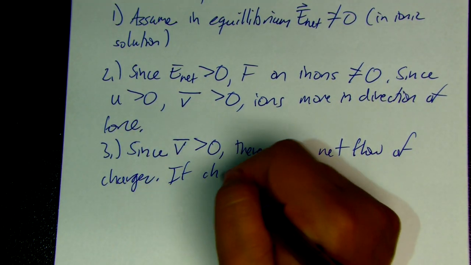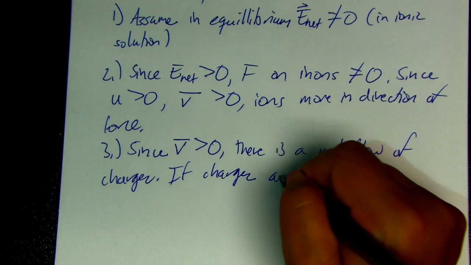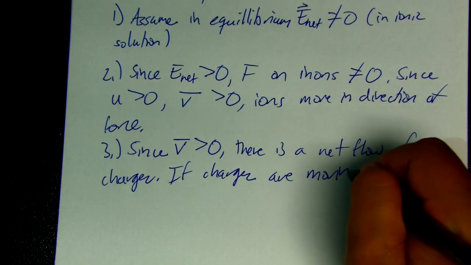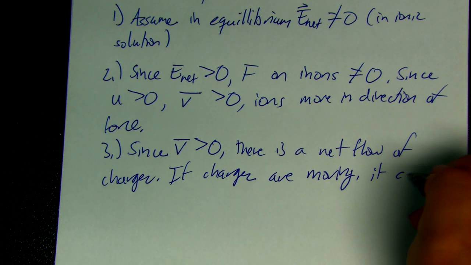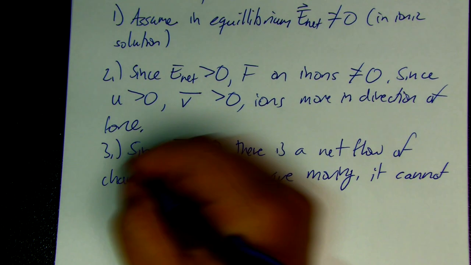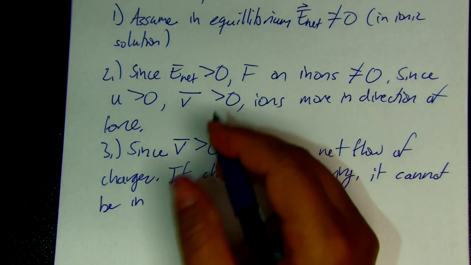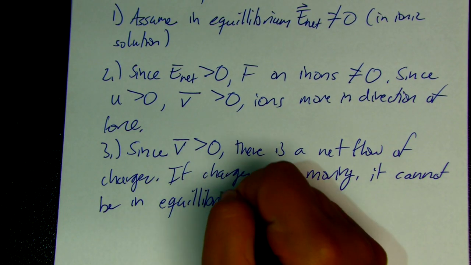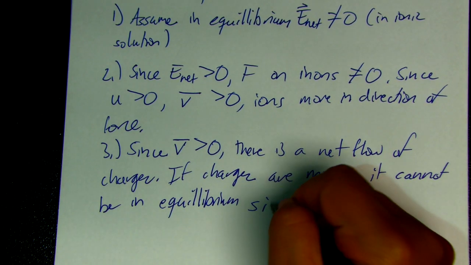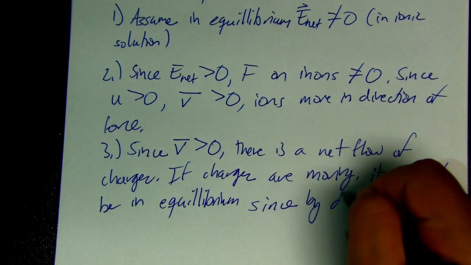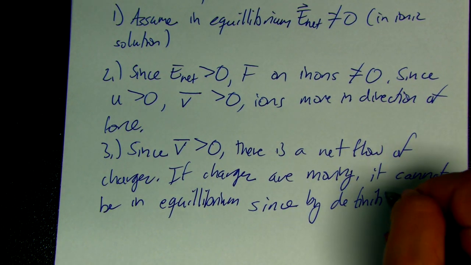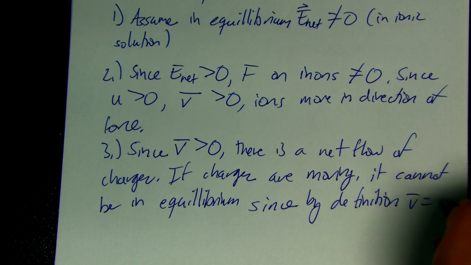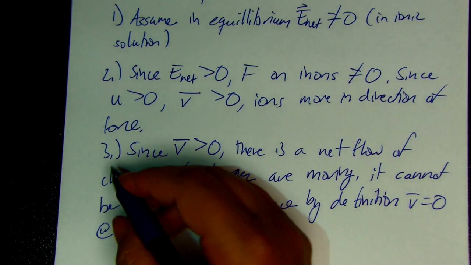If charges are moving, it cannot be in equilibrium, since, by definition, v-bar is equal to 0 at equilibrium.